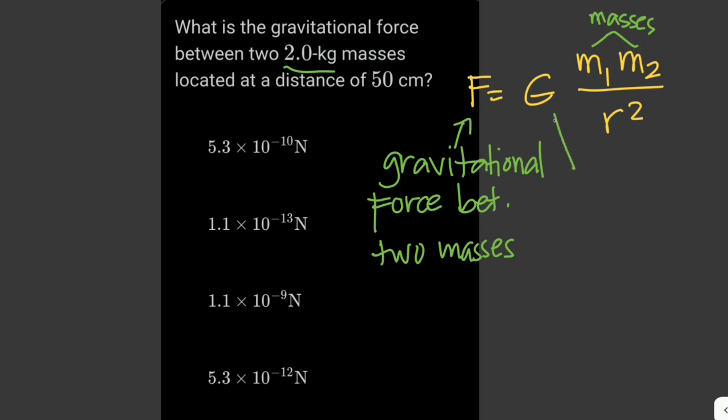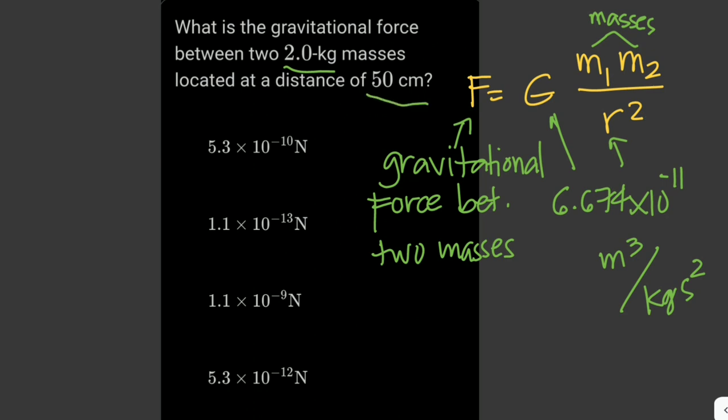G here is the gravitational constant, which is equal to 6.674 times 10 to the negative 11 cubic meter per kilogram per second squared. And r here is the distance between the centers of the masses, which is 50 centimeters. We convert this to meter, which is equivalent to 0.5 meter.